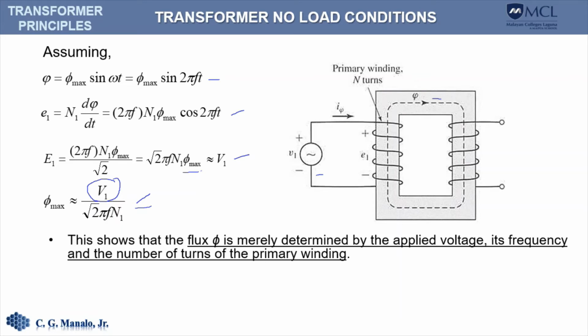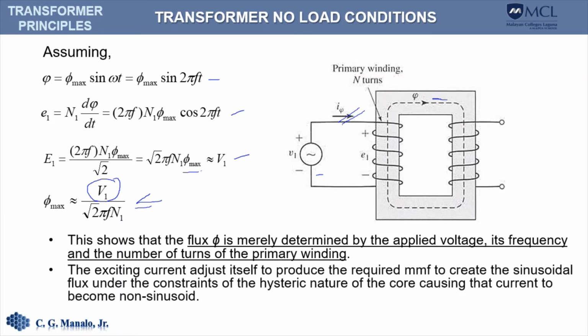So this flux is sinusoidal based on this expression, and this sinusoidal nature of the flux must be satisfied by the exciting current, because it is this exciting current that produces this flux. So this current must adjust itself so that the flux will be sinusoidal.